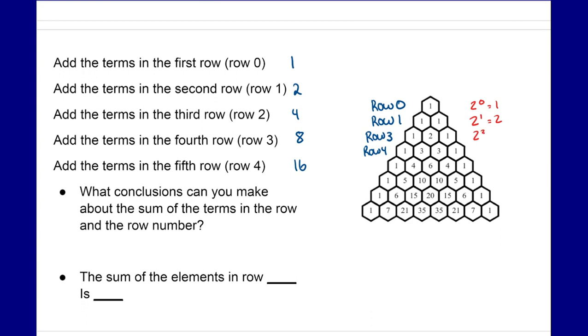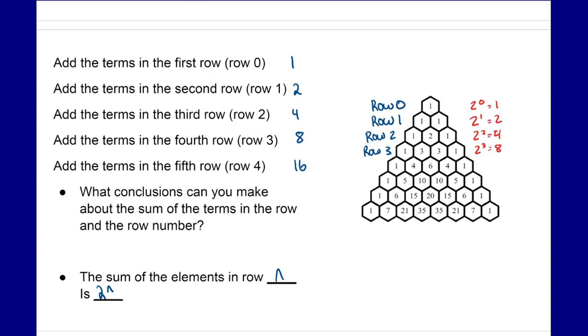Then 2 to the power of 2, which is 4. 2 to the power of 3, which is 8. 2 to the power of 4, which is 16. So each row is 2 raised to the power of whatever row number it is. So the sum of the elements in row n would be 2 to the power of n.